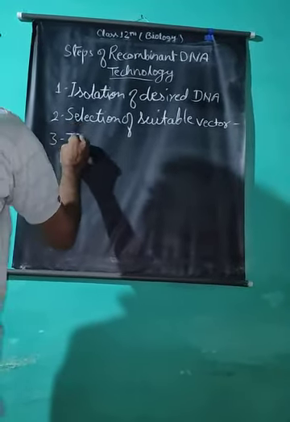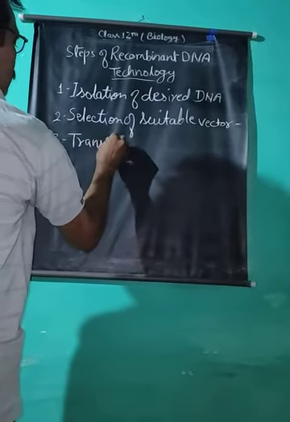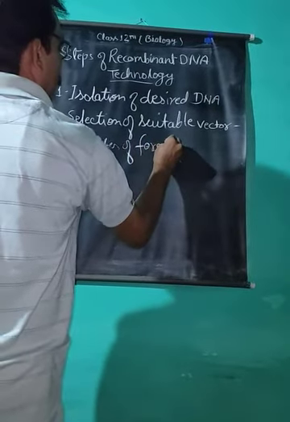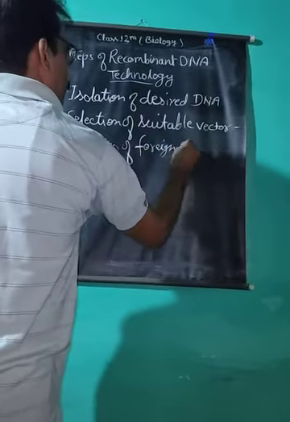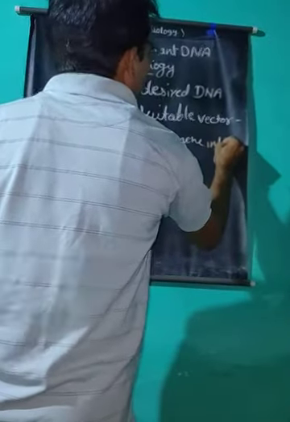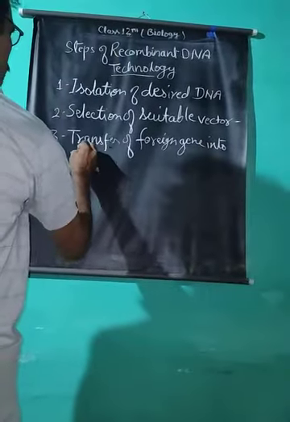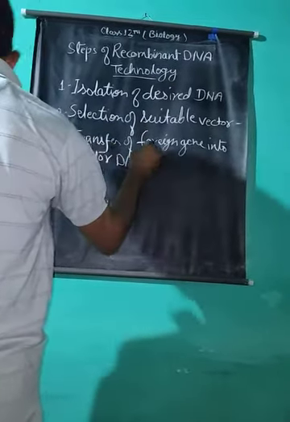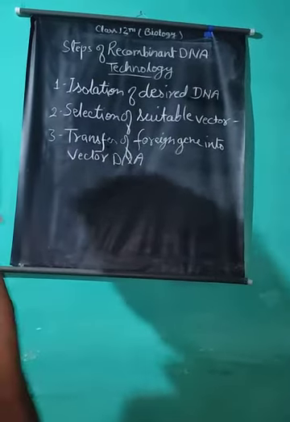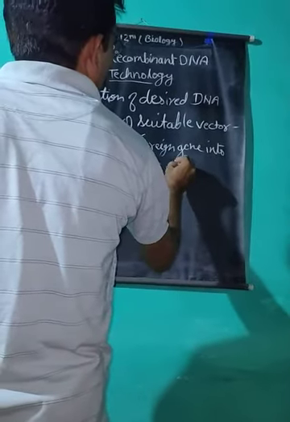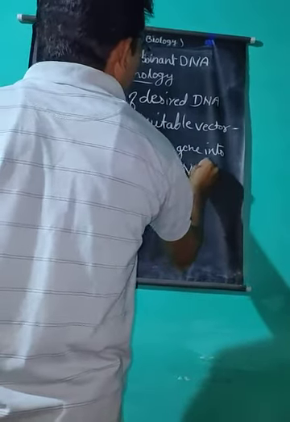Third step is transfer of foreign gene or DNA into vector DNA, or production of recombinant DNA.